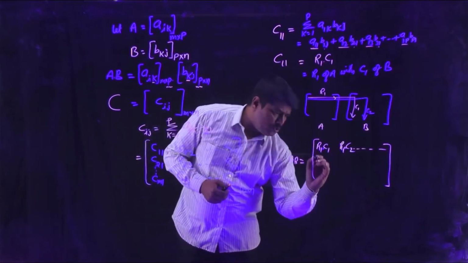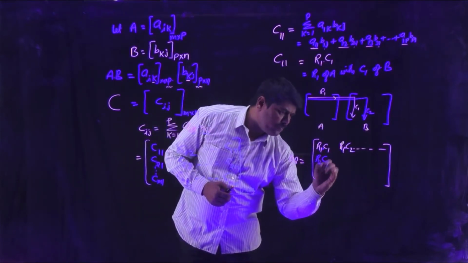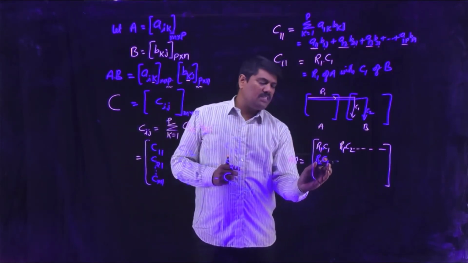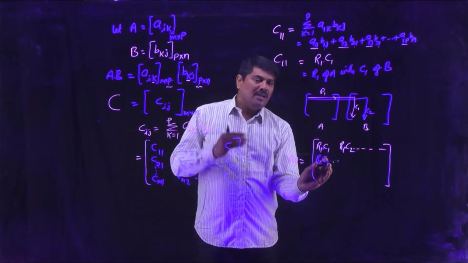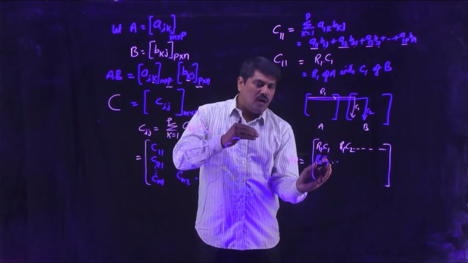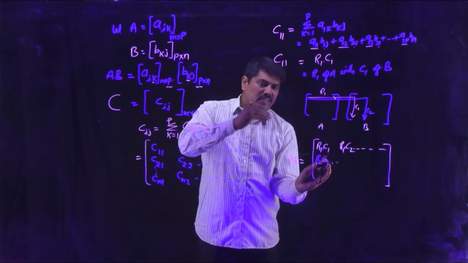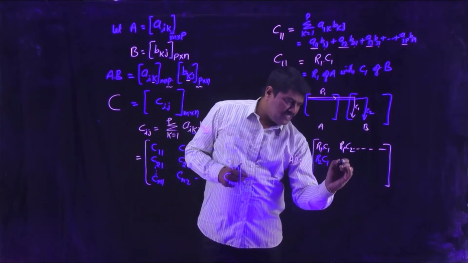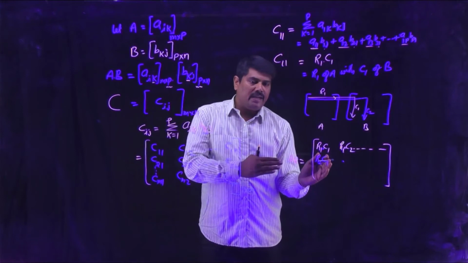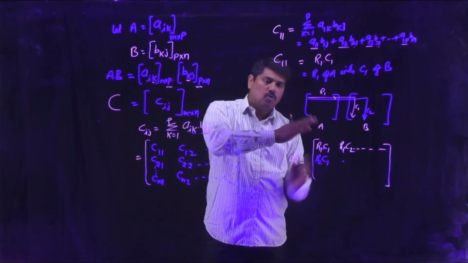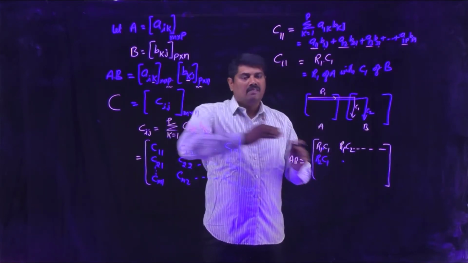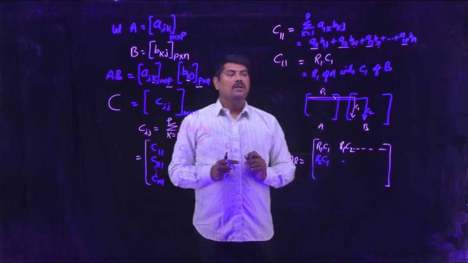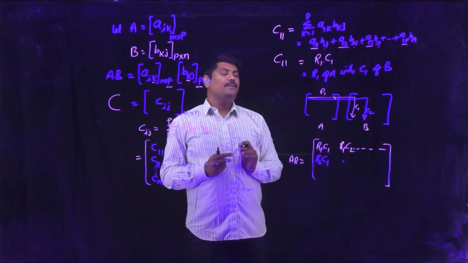Next you come to the second row, first column, the 2 1 position. 2 1 indicates you have to multiply the second row with column 1, C1. The 2 2 position indicates you have to multiply R2 with C2, the first matrix second row with the second matrix second column. So this is how you obtain the elements.